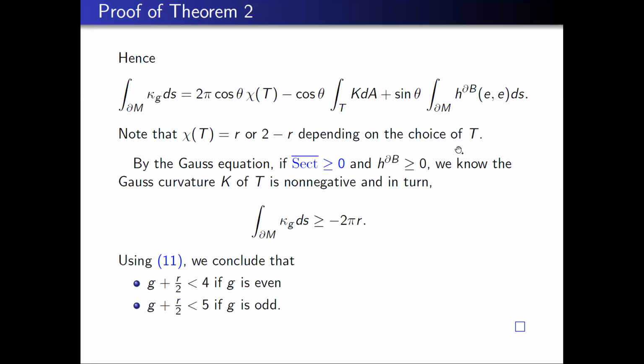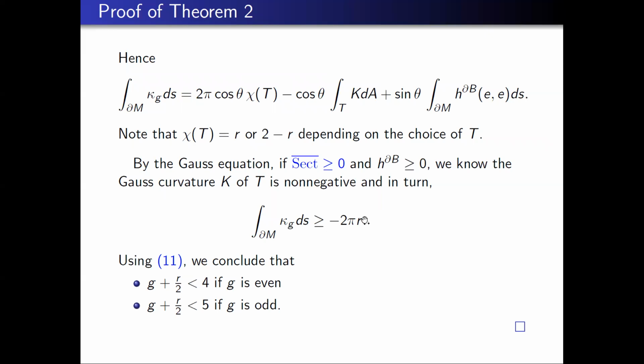By the Gauss equation, if the sectional curvature of the ambient manifold is non-negative, and the second fundamental form of boundary B is non-negative, and we know that the curvature of T is non-negative, so we have this integration is larger than minus 2 pi r.